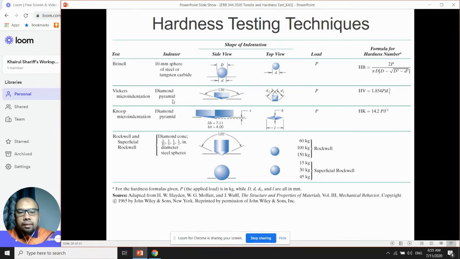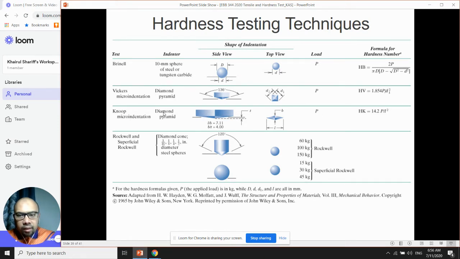Then the Vickers must be a V-shape indenter with a certain length and dimension. Meanwhile, for Knoop, a micro indentation test, you need something like a pyramid shape.